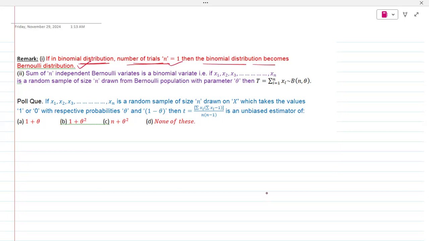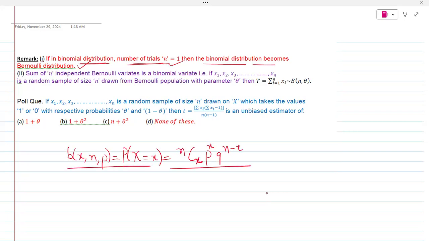Actually, if I write B(n, p), the probability that X takes the value x is nCx p raised to power x, q raised to power n minus x. So what is this thing? These are symbols.